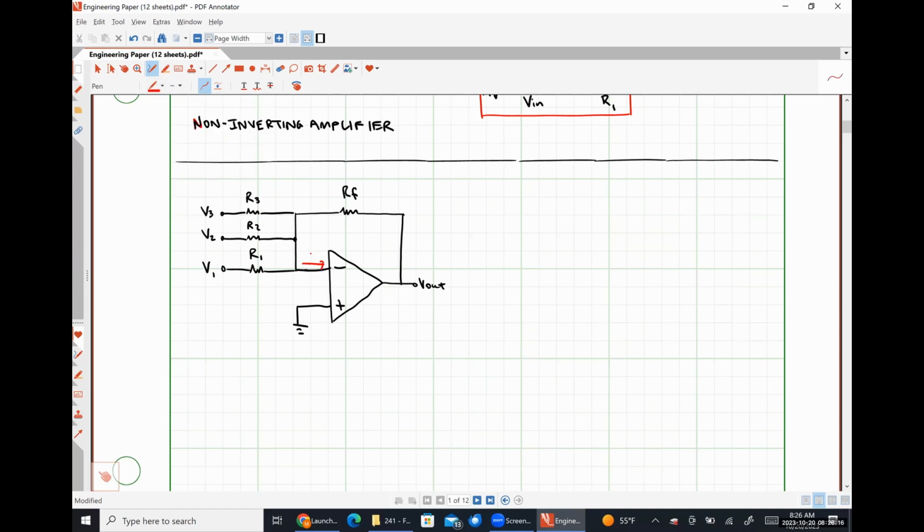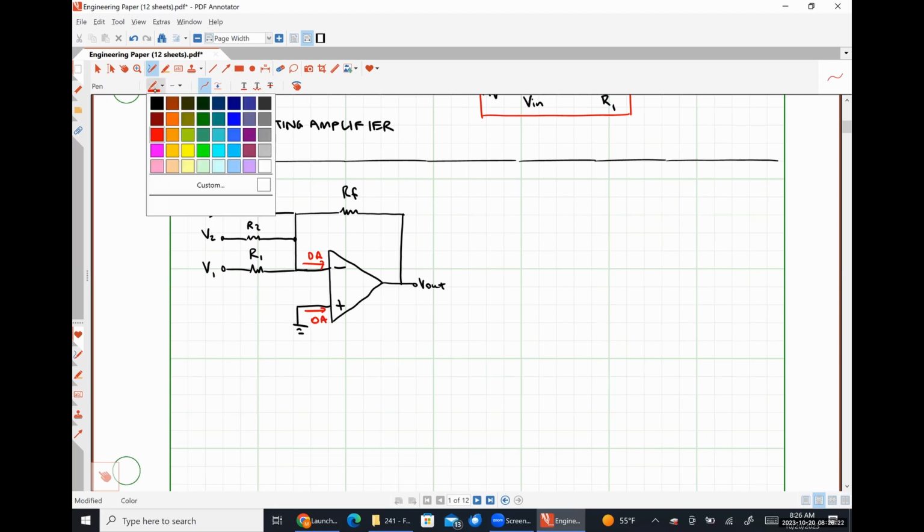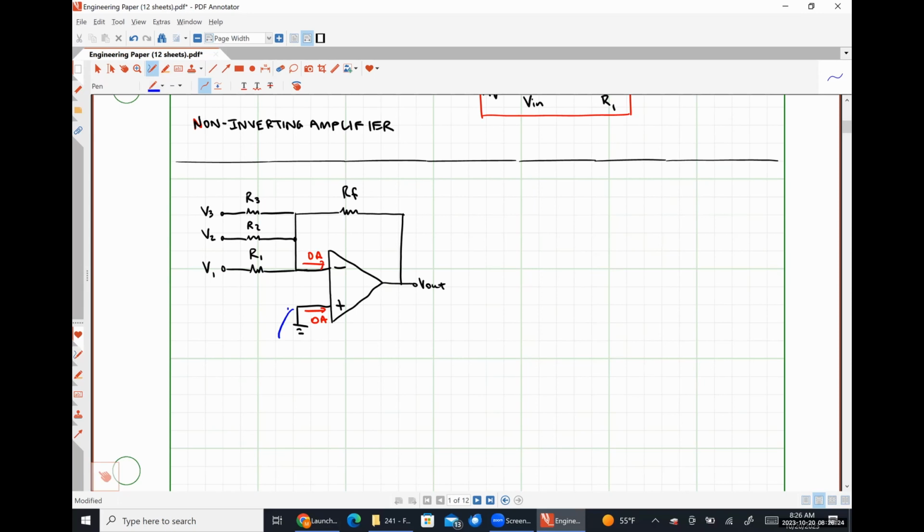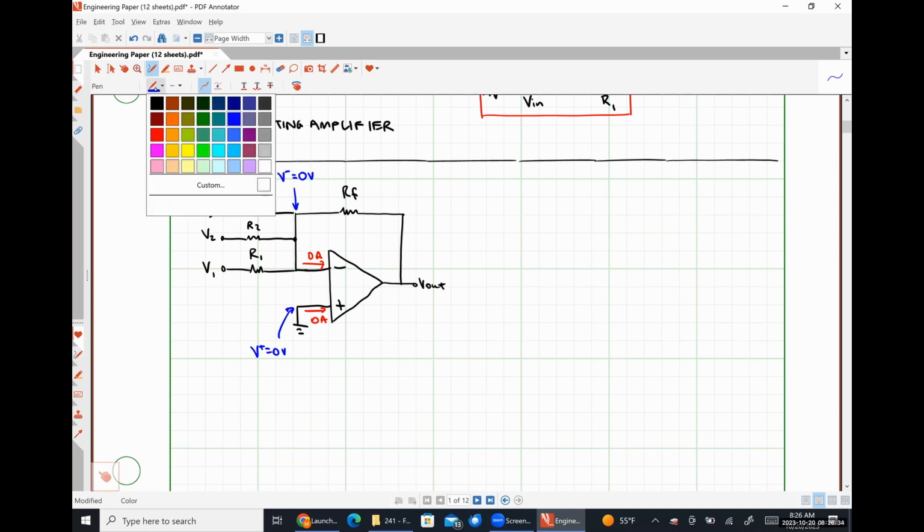So we know that our currents flowing into the input terminals must be 0 amps. We can see by inspection that V plus is equal to 0 volts, which means V minus is equal to 0 volts.